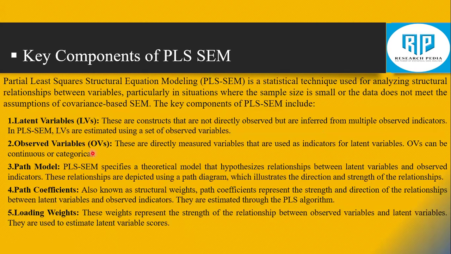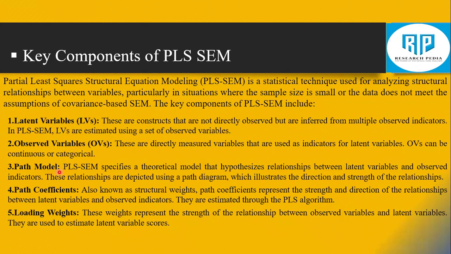So using observed variables, you basically measure the latent variable. So latent variables are not directly measured. They are measured using observed variables indirectly. So the first step is to measure observed variables, and the second step is to measure the latent variable.